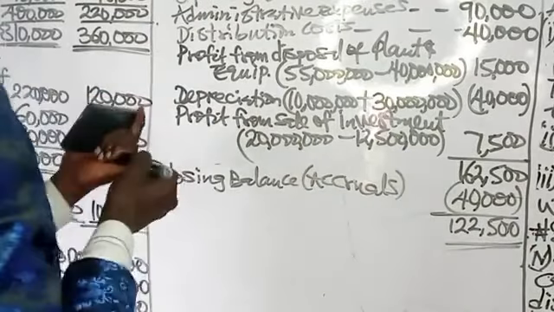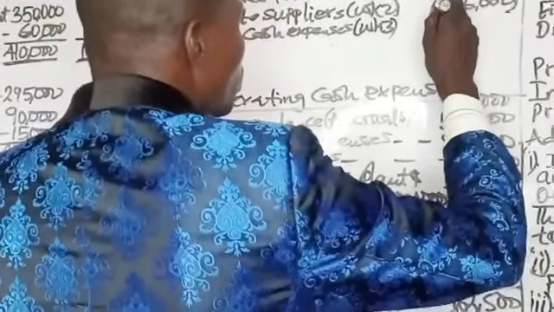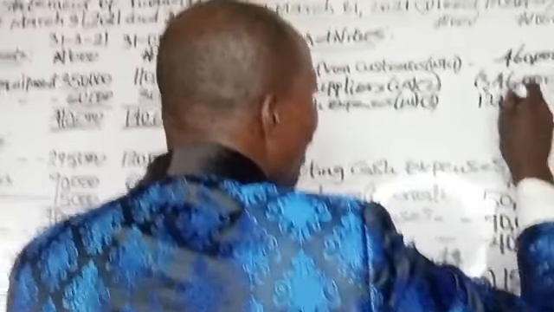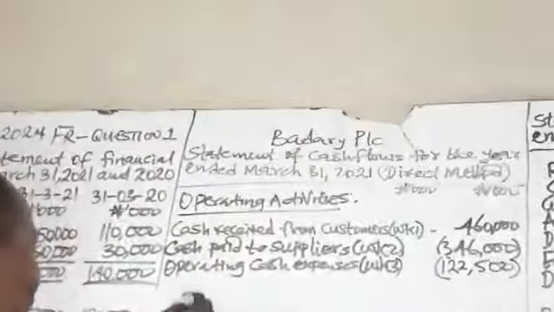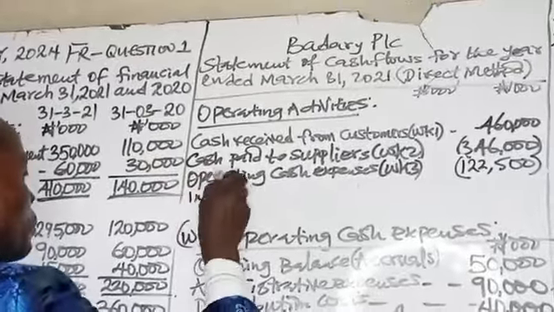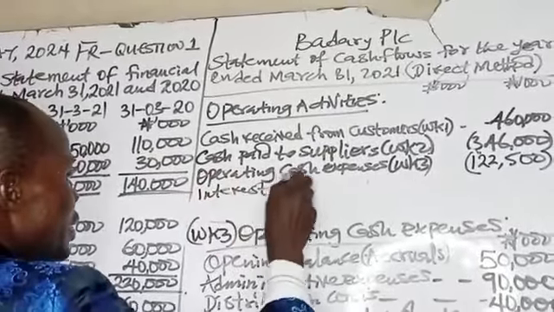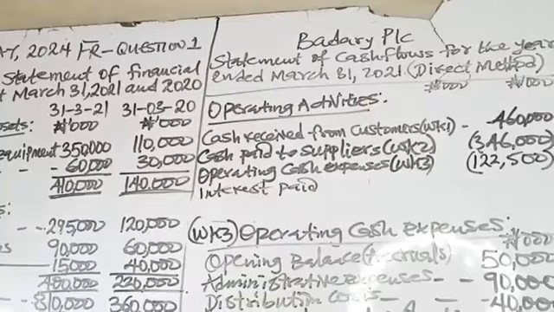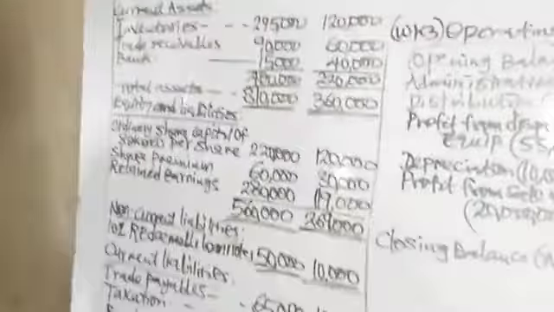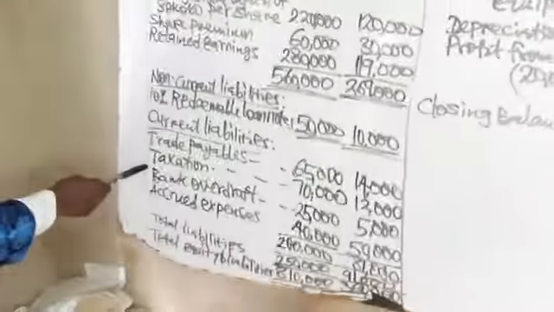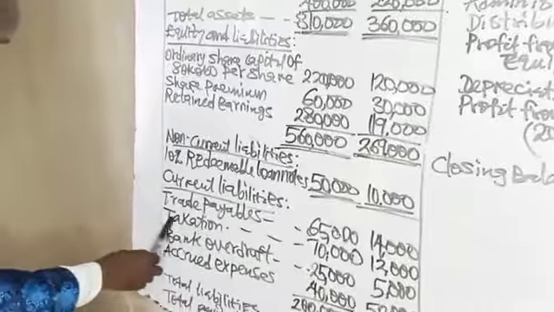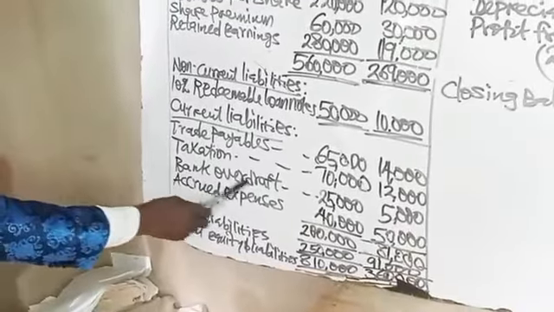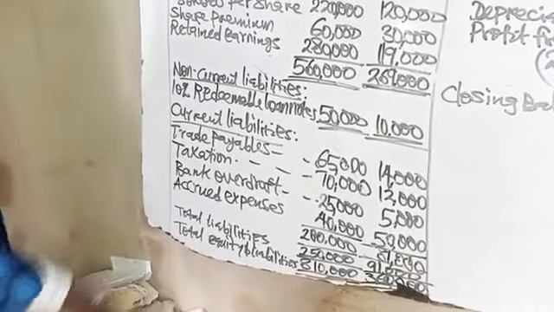Now, 122.5 million. Then the next item is interest paid. Under current liability, let's check if you have interest payable there. We have trade payable, taxation, bank overdraft, accrued expenses. There is no interest payable.